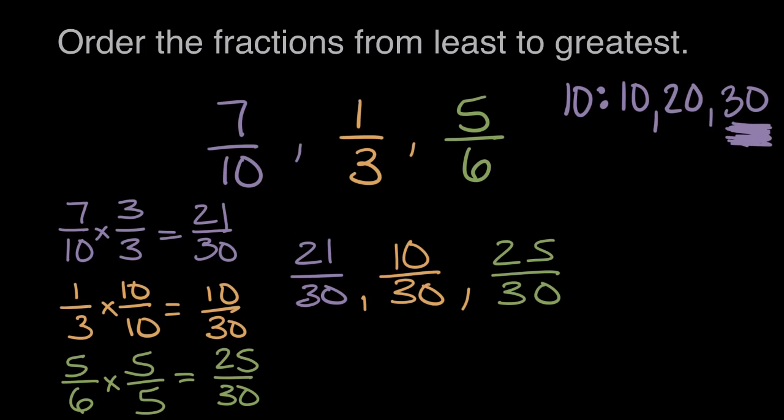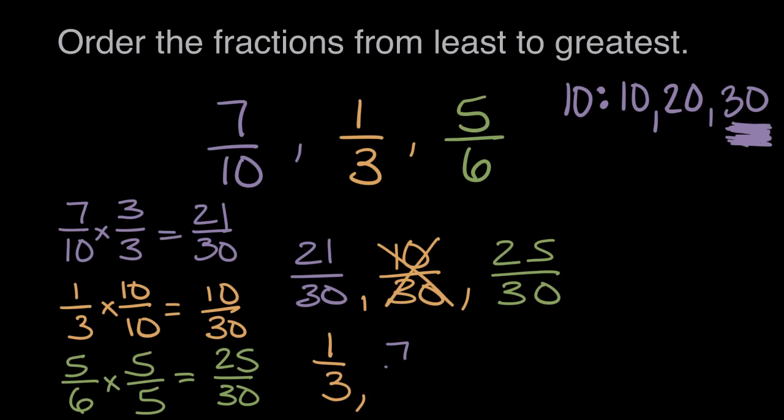So we can list these now from least to greatest. The least, the smallest, is 10/30ths, which again, remember, is equal to 1/3. So we can put 1/3 is least, and we can cross that off. Next, it's either 21 out of 30 or 25. 21 is less, and that represented 7/10.